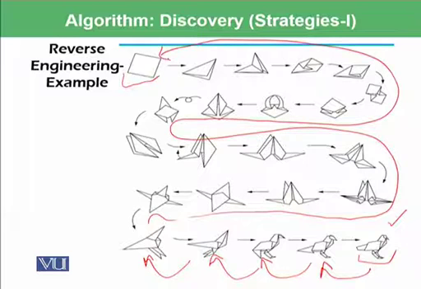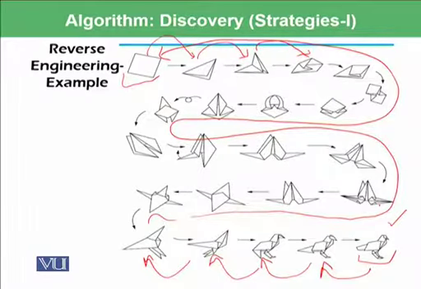You can reach over here, and then you can learn over a period of time what step was followed to make this as this thing, and so on. So this is basically one strategy of reverse engineering, and that is applicable when you know what the exact output is and what the exact input is, and you want to go from output to the input. Then the next strategy is look for related problems.